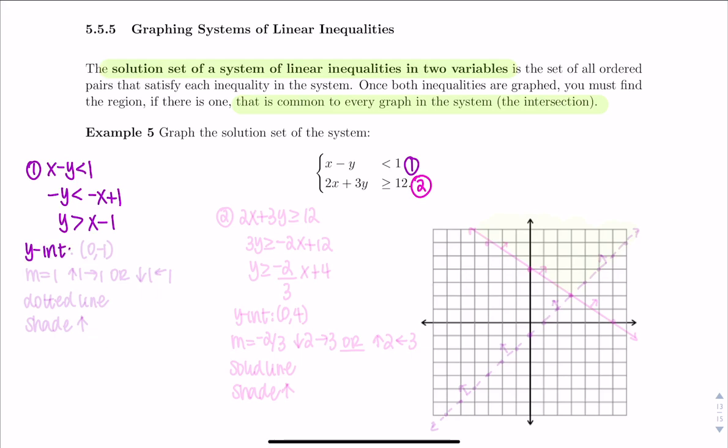And so my y-intercept is at 0, negative 1. My slope is 1. So we go up 1 over 1, or down 1 to the left 1. This is a dotted line. And we will shade above. So let's go ahead and plot the first one. 0, negative 1, and we have a slope of 1.